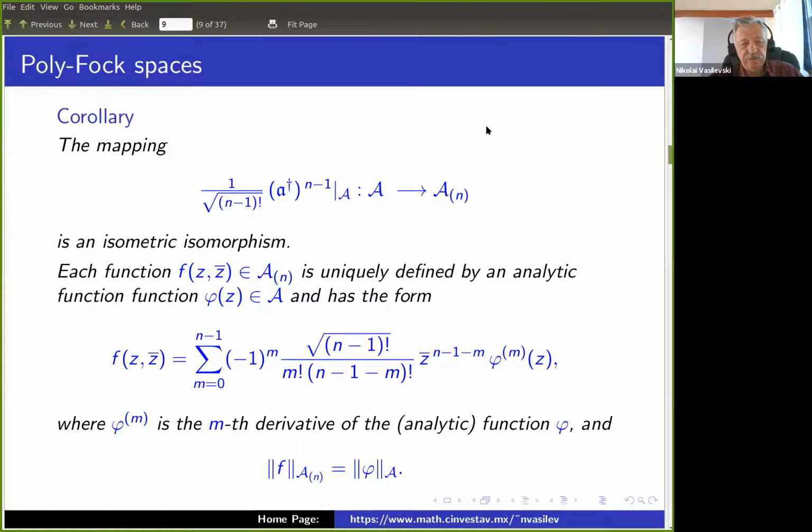It's a sum of combinations. Well, as we know, it should be a polynomial with respect to Z bar with analytic coefficients. But the analytic coefficients are always derivatives of the same analytic function. So each analytic function uniquely defines a true polyanalytic function. And this is an isometric isomorphism. They have the same norms.